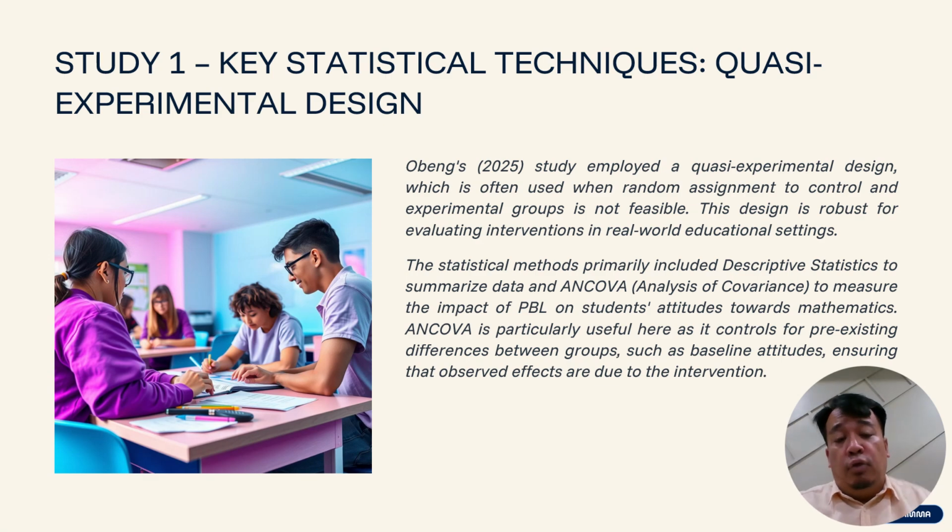ANCOVA is helpful because it adjusts for any pre-existing differences between groups, like prior knowledge or attitudes towards learning before the intervention. This allows researchers to more accurately estimate the effect of the PBL approach on student attitudes. The study found significant improvement in student interest, self-efficacy, and perception of mathematics, while anxiety levels decreased.